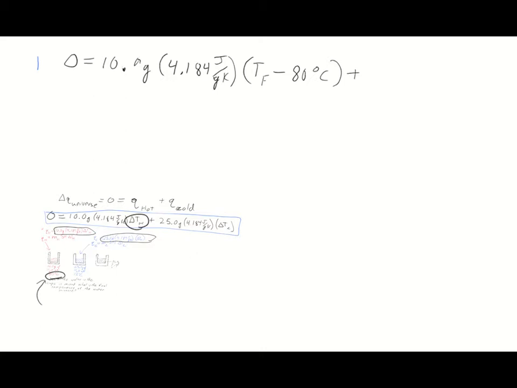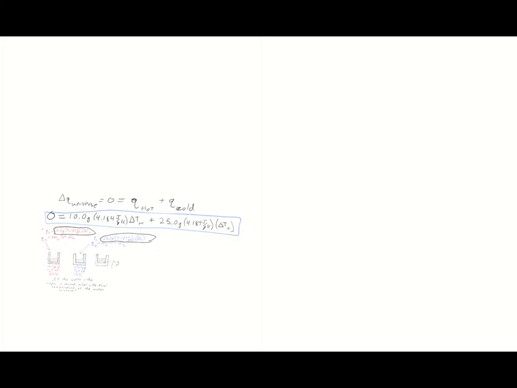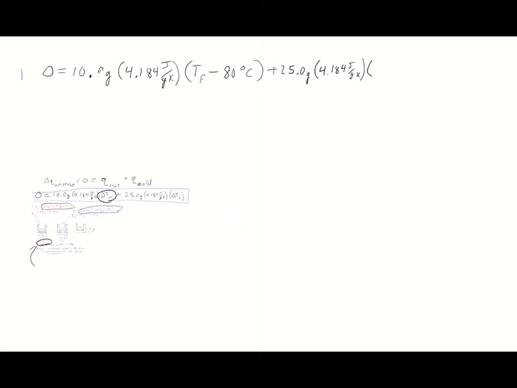Plus the 25 grams for my cold water times that 4.184 times the temperature change of my cold water.